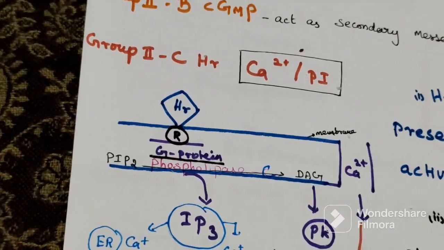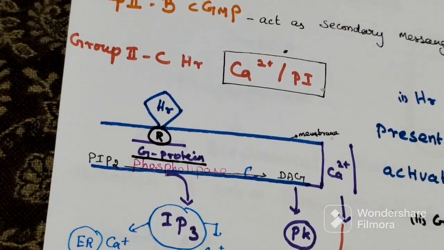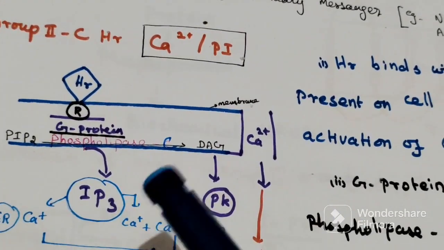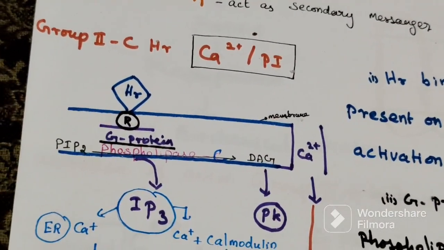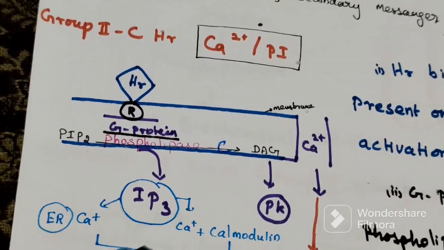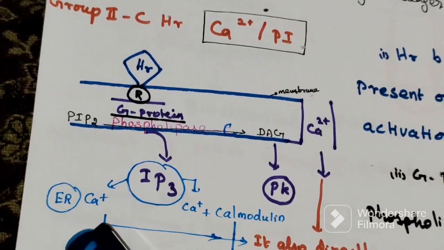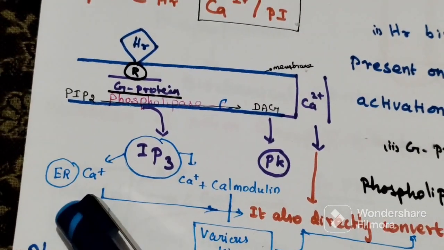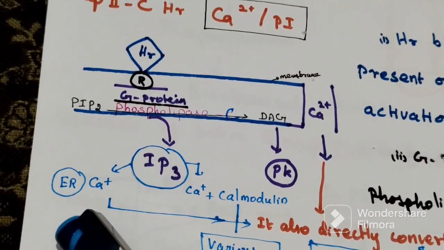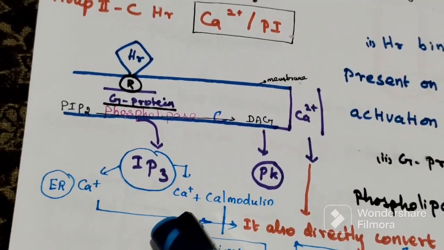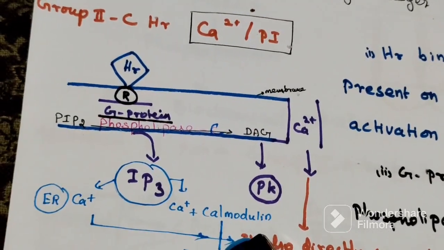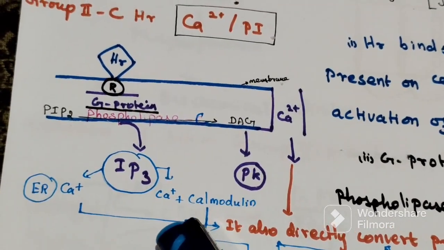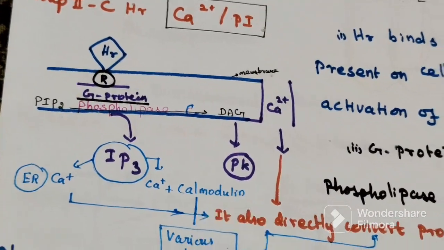The G protein is also increasing calcium movement. This inositol triphosphate releases calcium from the endoplasmic reticulum. That calcium binds with calmodulin to form the calcium calmodulin complex.